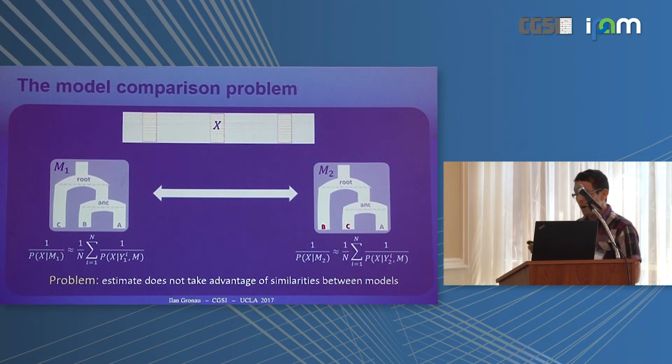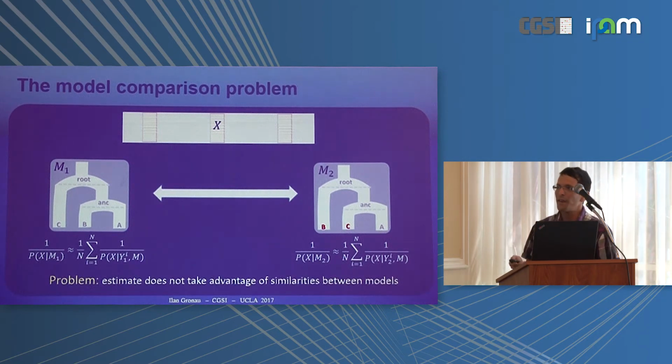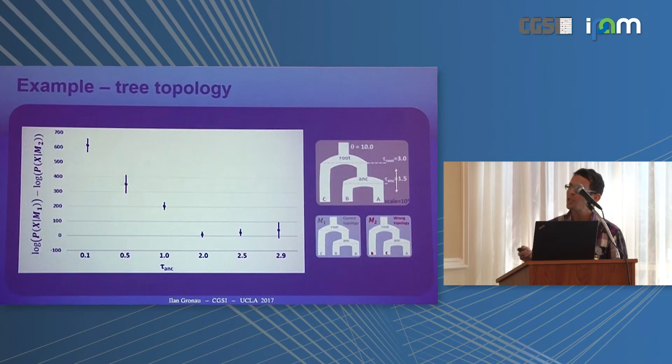So what I'm going to end with is a really small sneak peek at the ideas we're thinking about to solve this problem. The problem with that harmonic mean estimator is that you estimated a separate value for each model, and you never really used the fact that these models might be very similar. That's what happens when you push tau all the way up here.